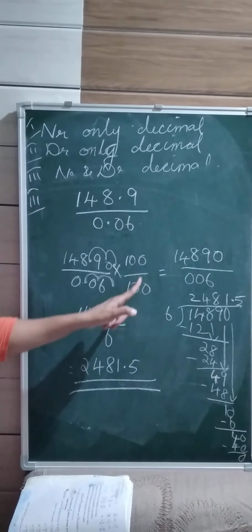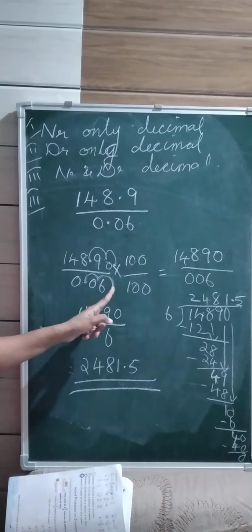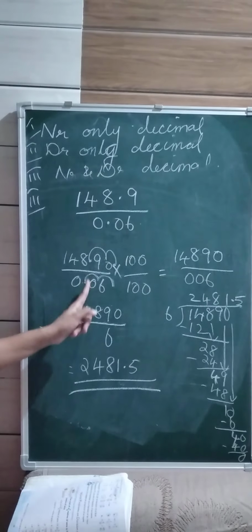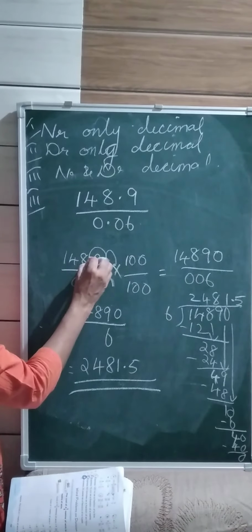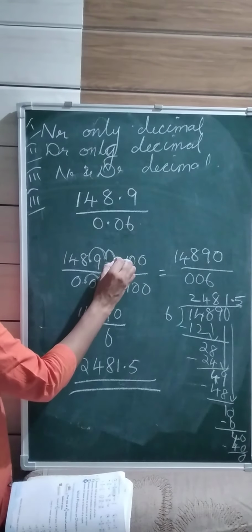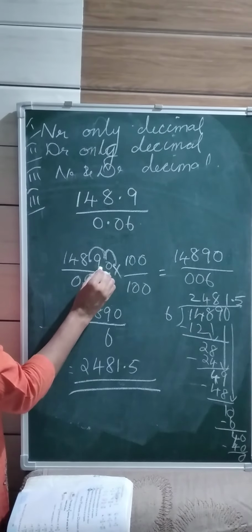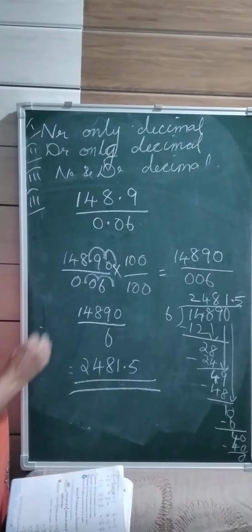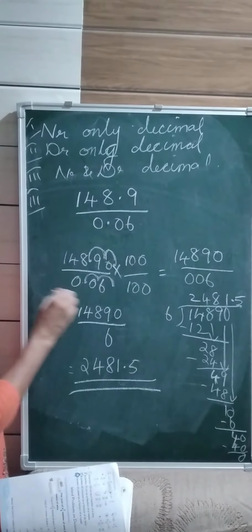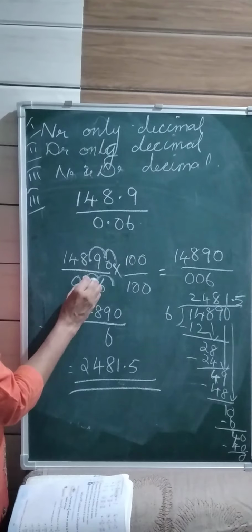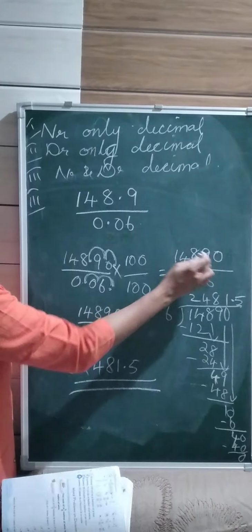So we take 100, and multiply the numerator and the denominator by 100. 100 means we move forward 2 places. One place is here; for the second there is no digit, so you put 0. Now after multiplying, the decimal point moves 2 places here. So the answer is 14890.